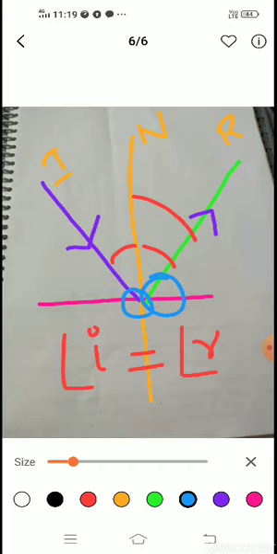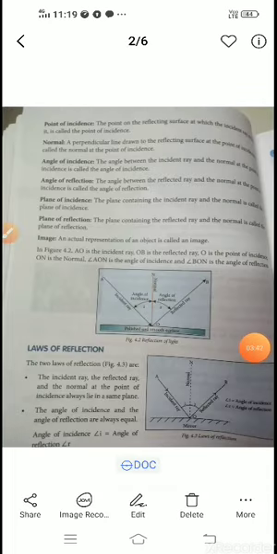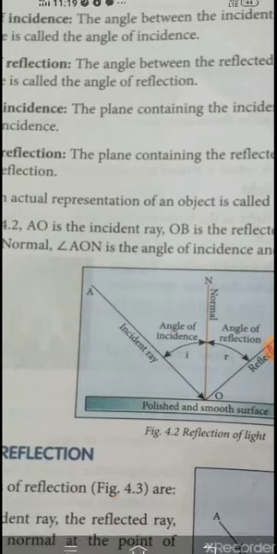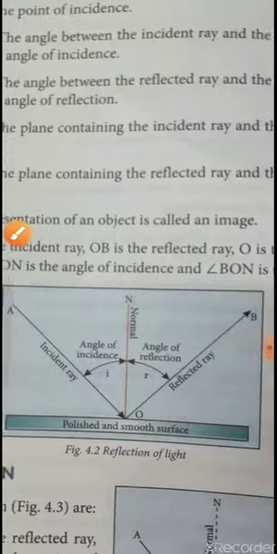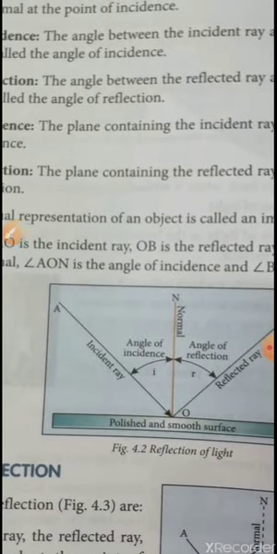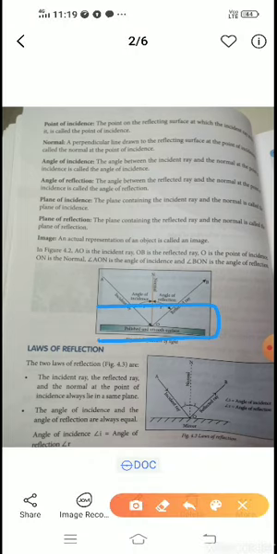The entire surface, the entire plane where all this is going to happen, is called the plane of incidence, and that is the plane of reflection.